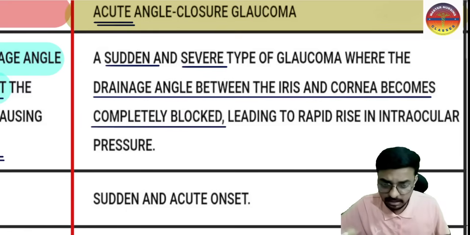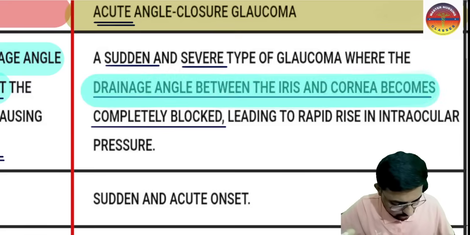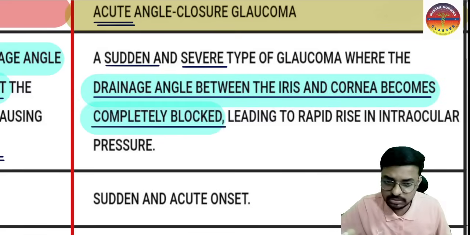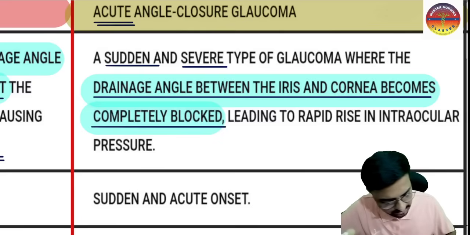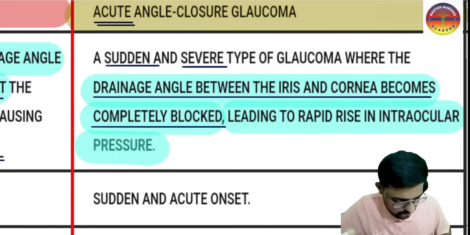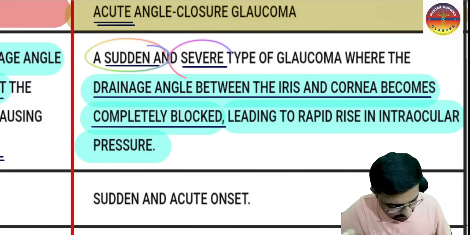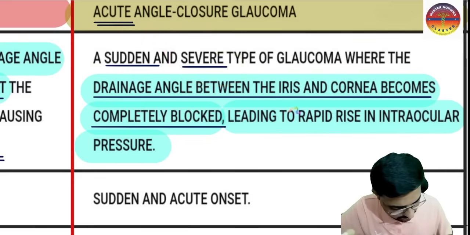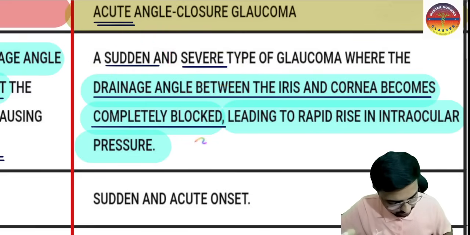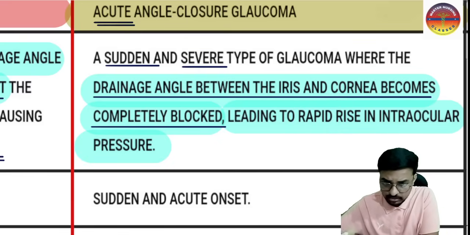That is a very important feature of acute angle closure glaucoma. It leads to a rapid rise in intraocular pressure. So it is sudden, severe and rapid. That is what you have to keep in your mind for acute angle closure glaucoma.